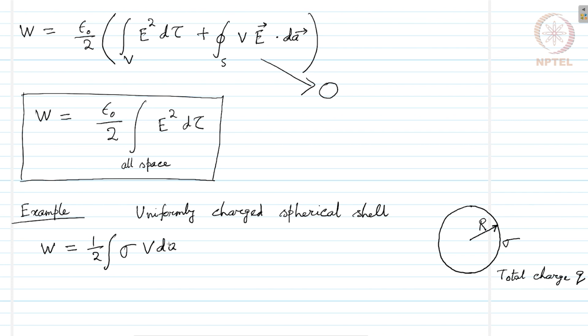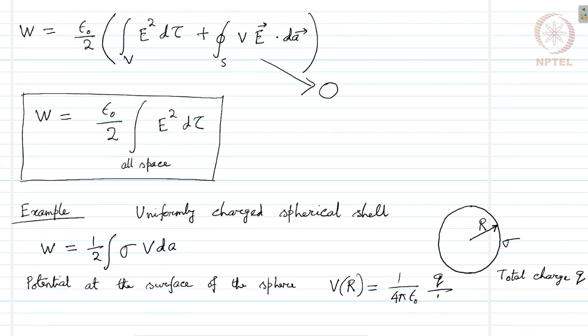Now, the potential at the surface of this sphere, let us try to calculate that. We have seen an example earlier from which we can write down that V at capital R, that is on the surface of the sphere, is constant, and it can be given as 1 over 4 pi epsilon naught q over capital R. And if that is the case, then we can write down the work done as 1 over 8 pi epsilon naught q over capital R, that is a constant, and then integration over sigma dA.